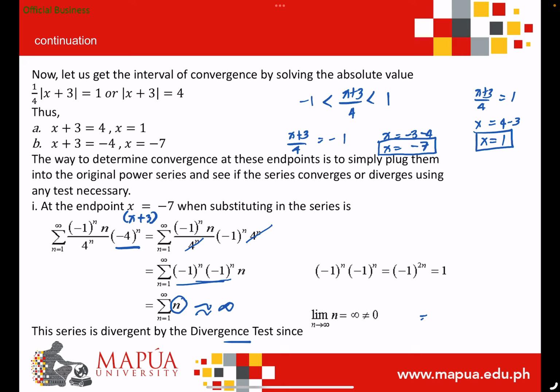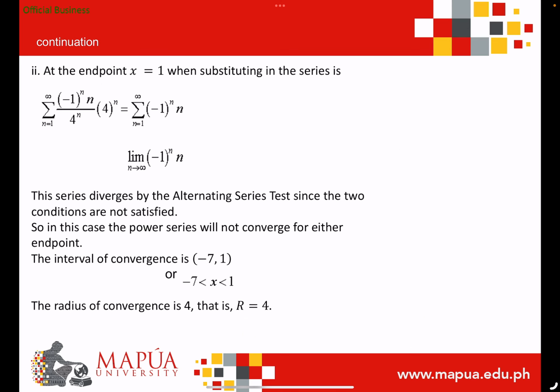So that means at -7, it would be an open interval. We are not going to include -7. But at 1, when we plug in x equals 1, 1 plus 3 is 4. So plugging it in, we have (-1)^n times n over 4^n times 4^n.